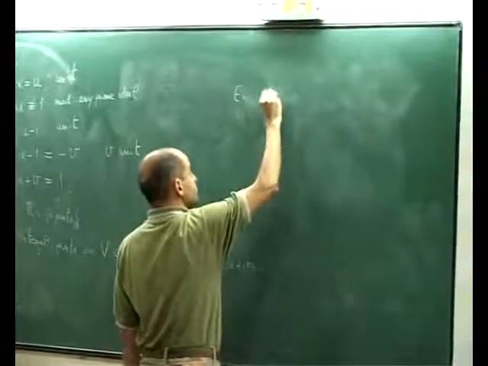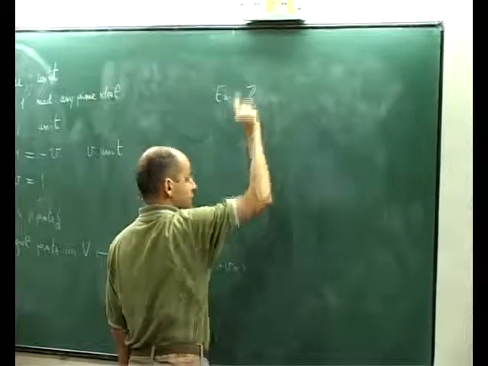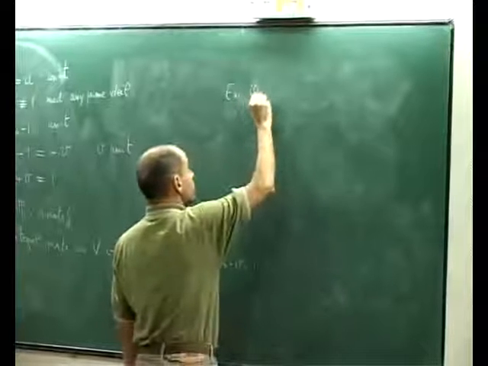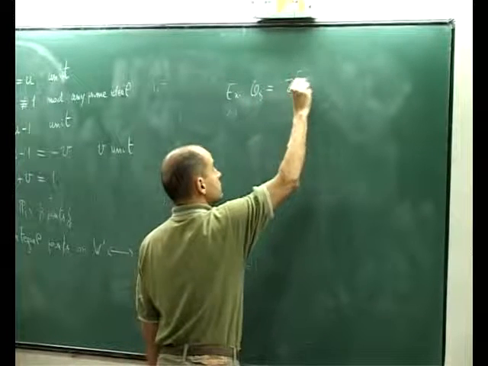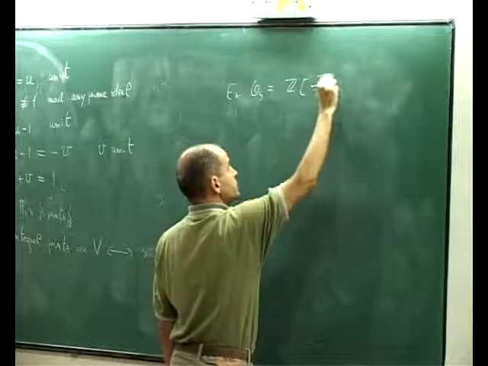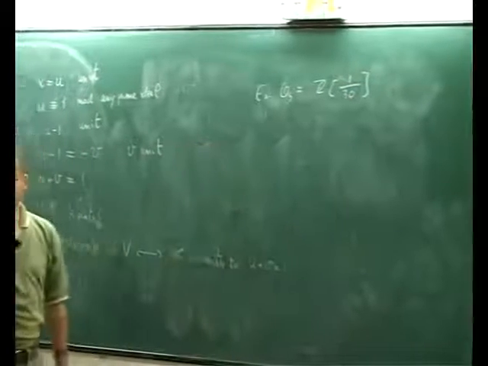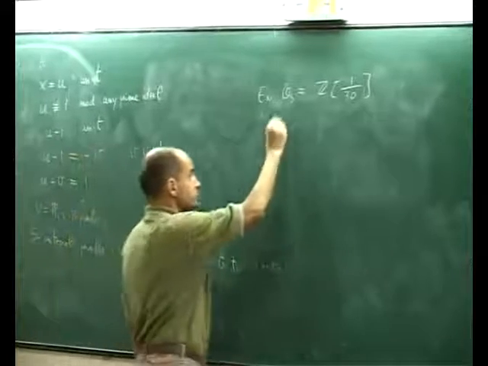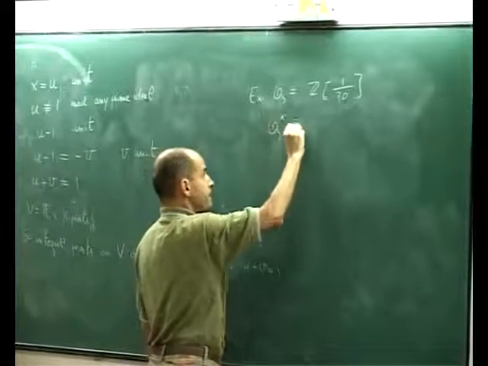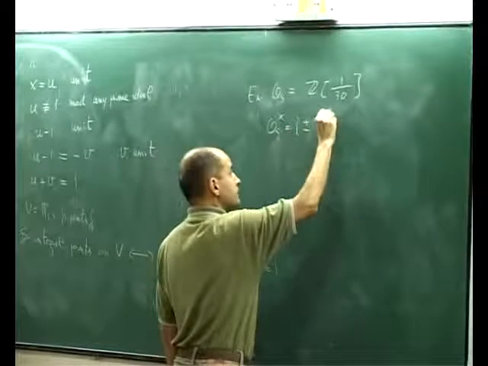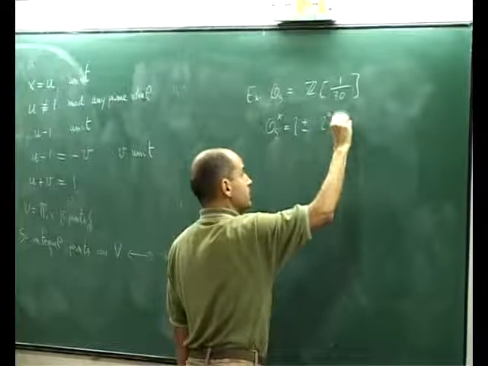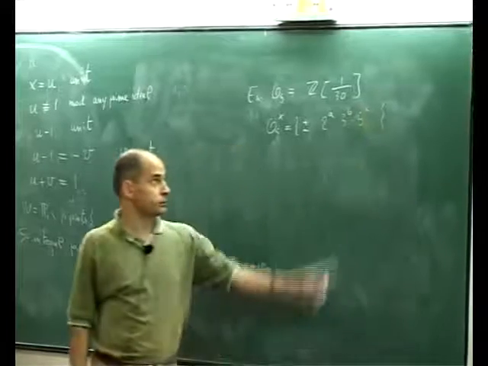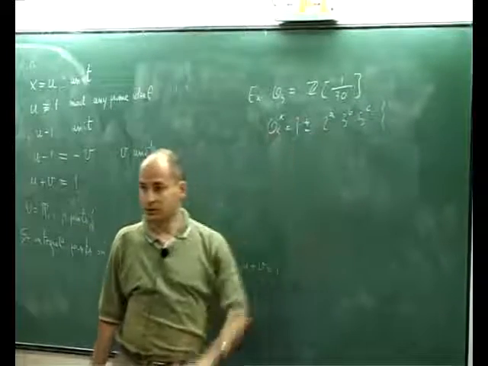For instance, consider the ring of integers OS equal to Z[1/30], so that 2, 3, and 5 become units. So the group of S-units is formed by elements of the form plus or minus 2 to the a, 3 to the b, 5 to the c.